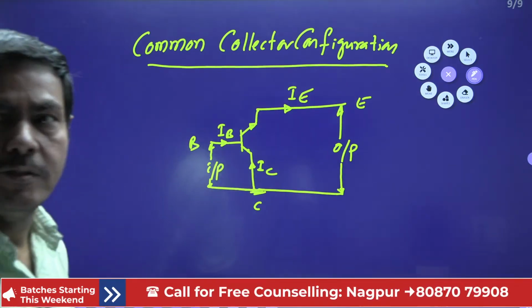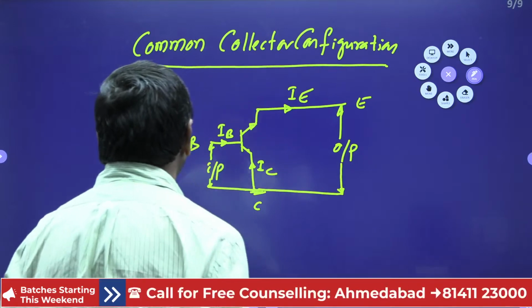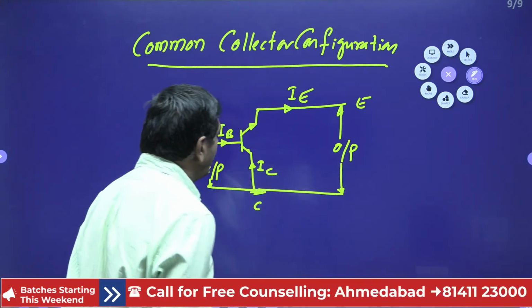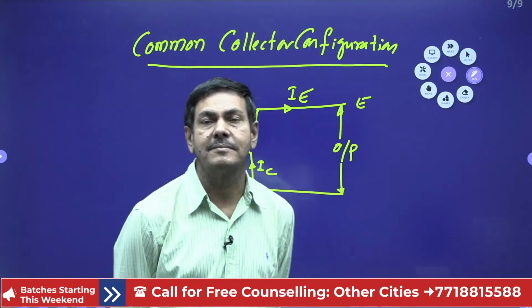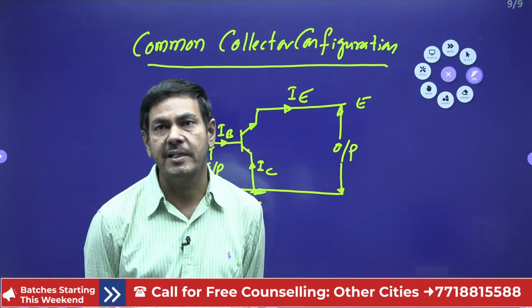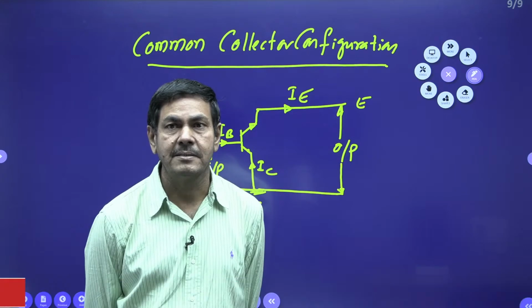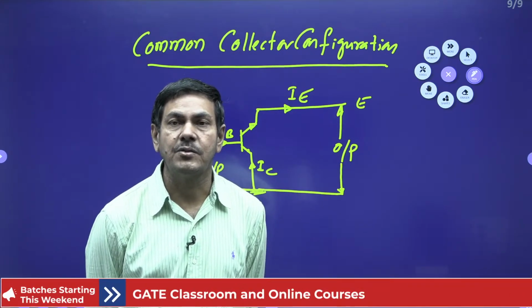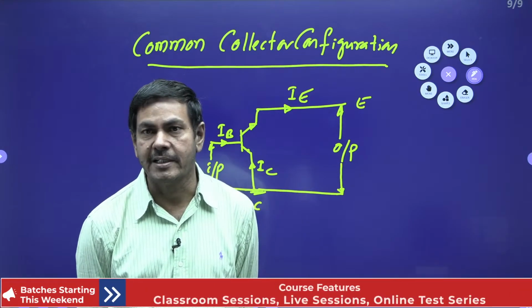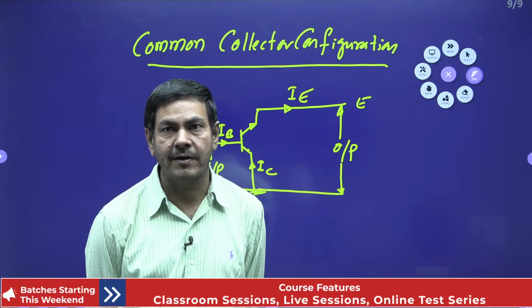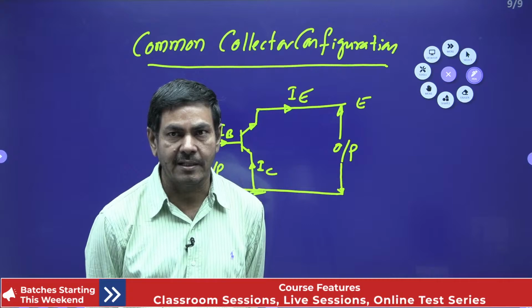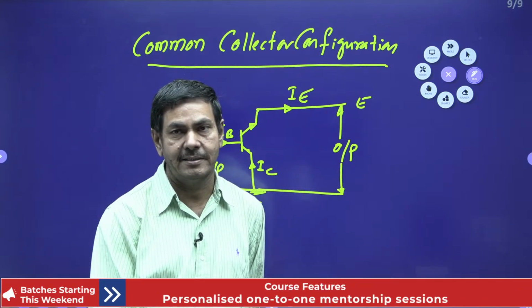I will give clearly now. This configuration is used when you want to get more current gain, but you need to forget voltage gain. Low voltage gain and high current gain, if I want to get, what do I need to do, sir? Common collector configuration only.